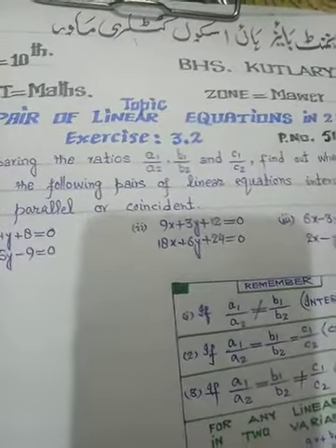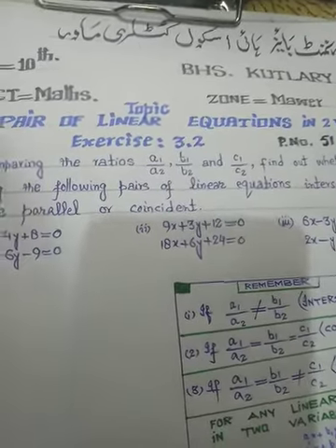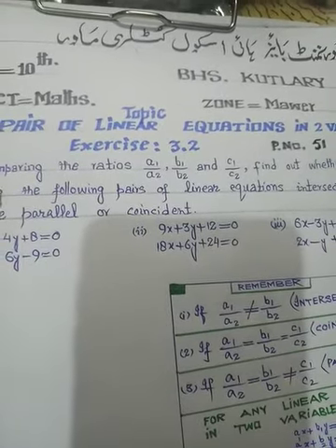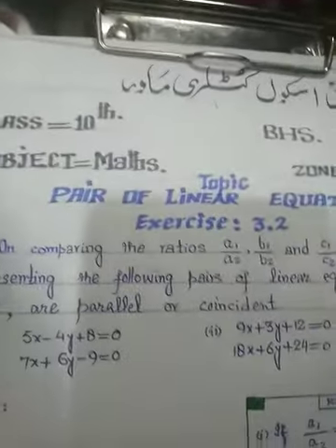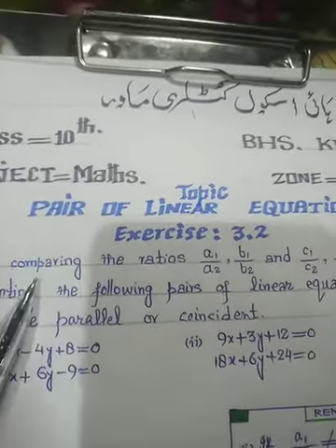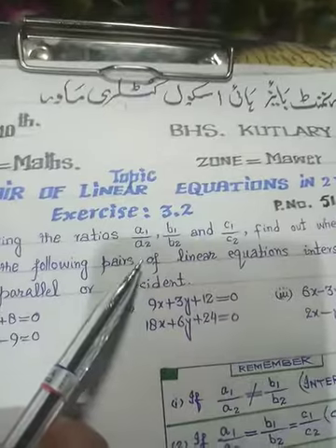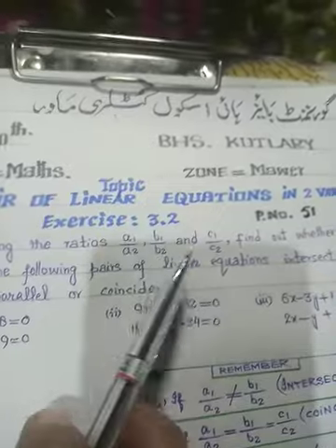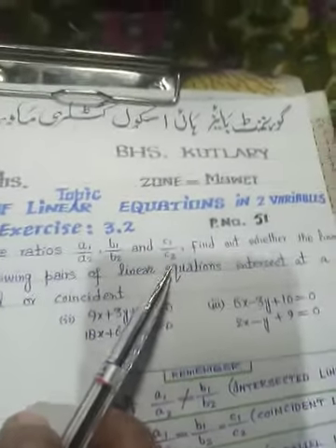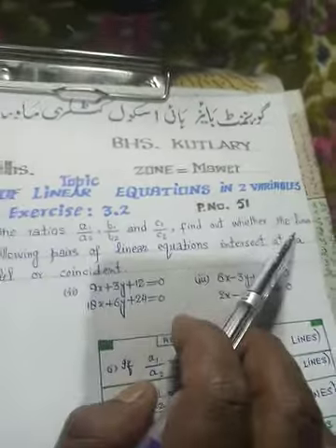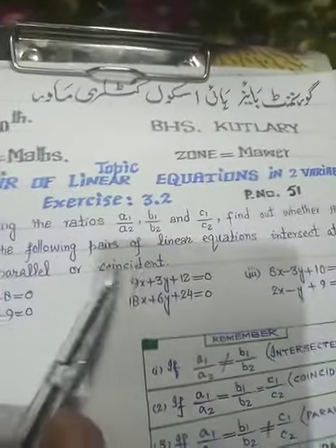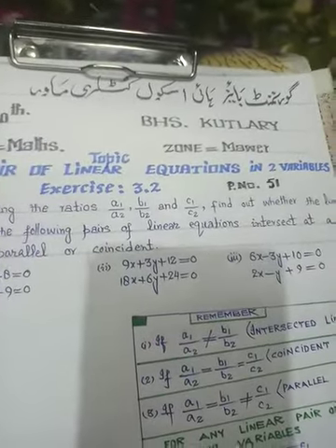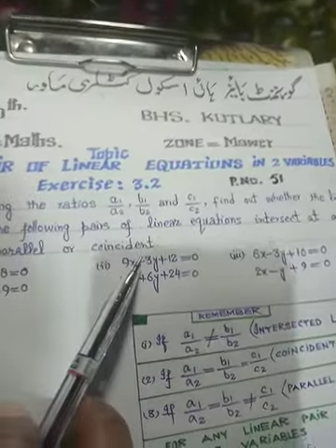First of all, I will try to help you understand the question. What is the question? I will read: on comparing the ratios a1 divided by a2, b1 divided by b2 and c1 divided by c2, find out whether the lines representing the following pairs of linear equations intersect at a point, or are parallel, or coincident.